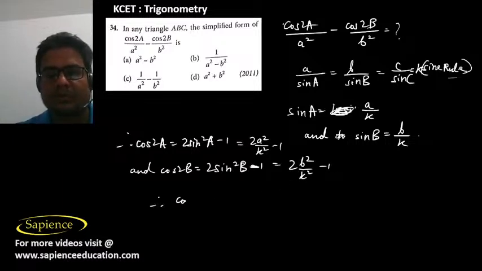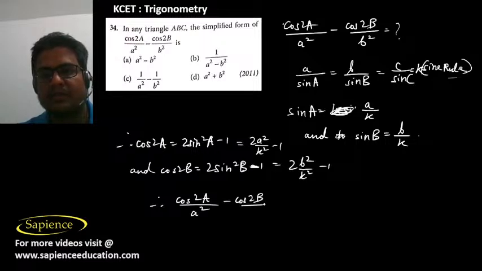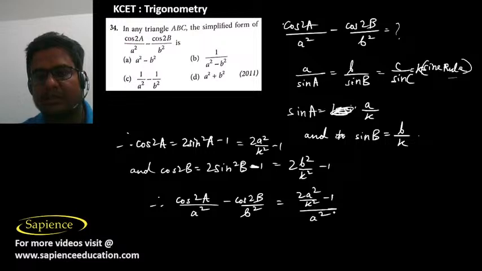So therefore cos 2a by a square minus cos 2b by b square will be equal to, cos 2a is 2a square by k square minus 1 by a square, minus 2b square by k square minus 1 by b square.